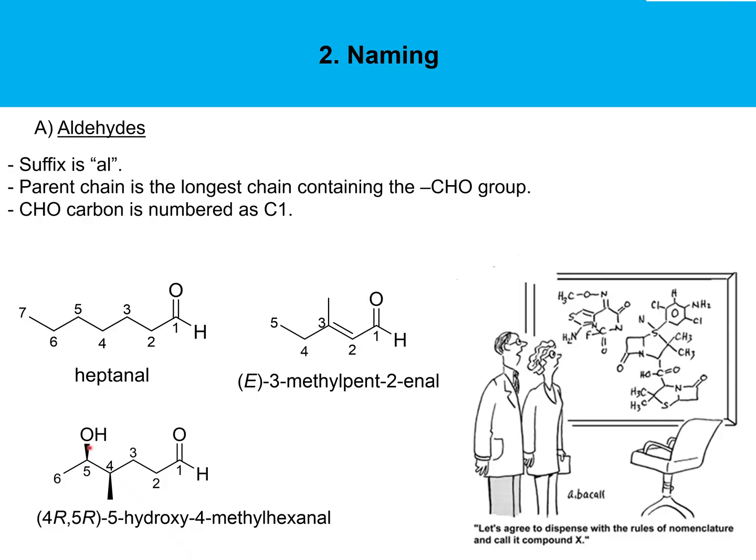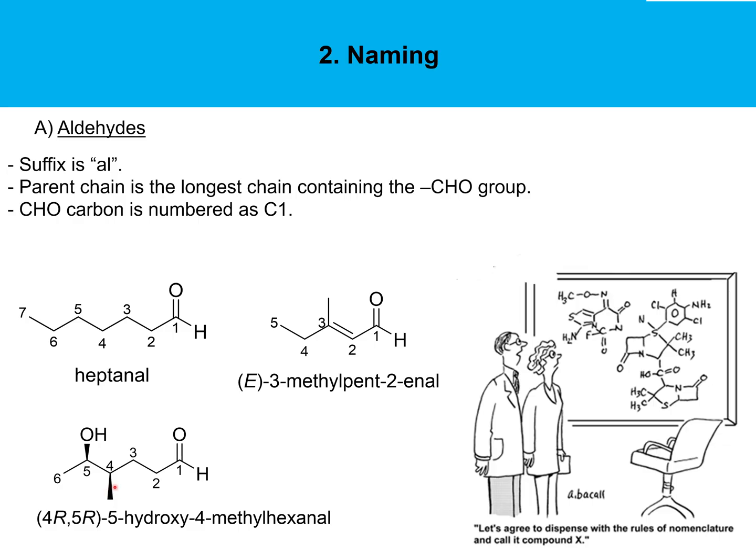There is R stereochemistry. So oxygen is highest priority. This chain is second priority, and the methyl group is the last priority. So going in a clockwise fashion, we're going to have R stereochemistry.